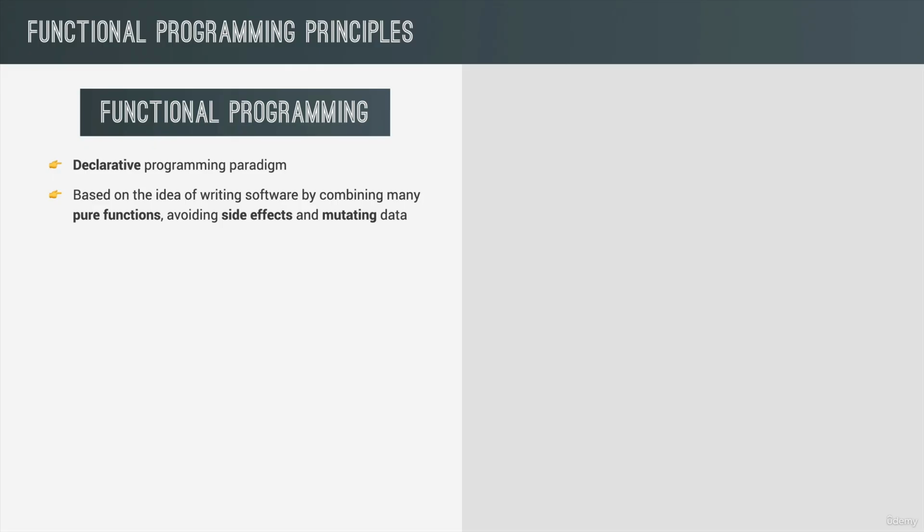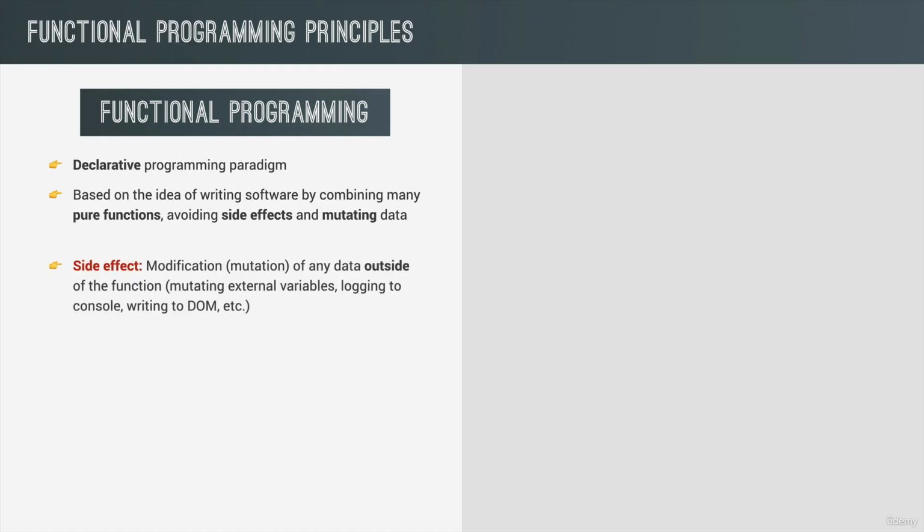and functional. All right, but let's quickly go back to the definition of functional programming and talk about what side effects and pure functions are. So, a side effect is basically simply a modification of any data that's outside of a function.